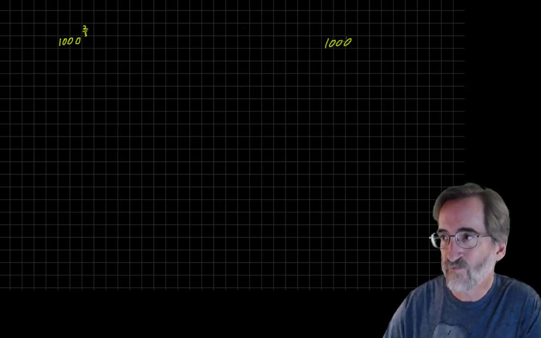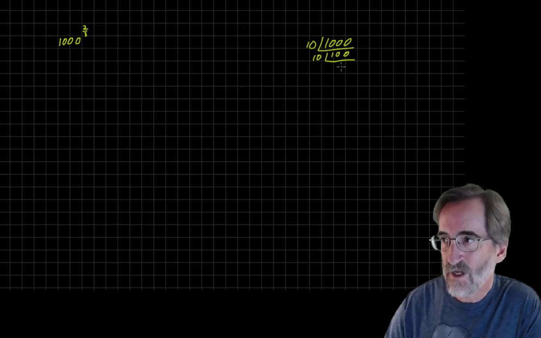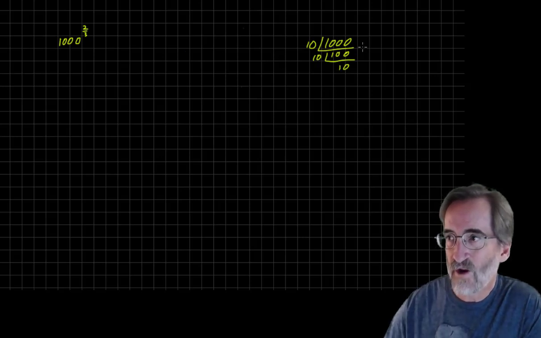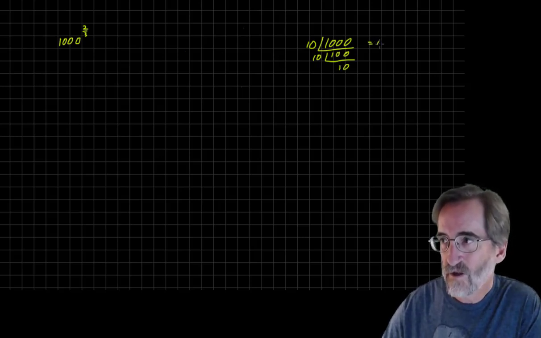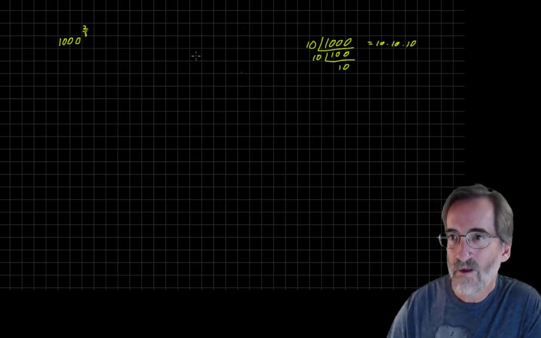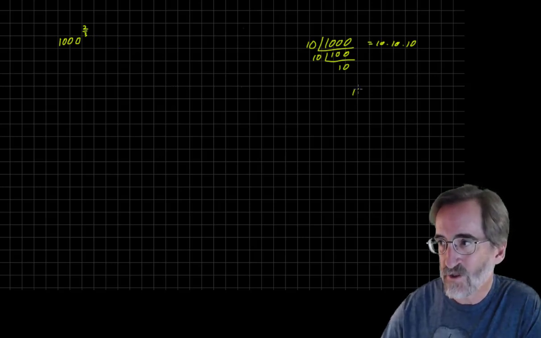Let's do a little prime factorization. 1,000 is 10 times 100, which is 10 times 10 times 10. So the cube root, or 1,000 to the 1/3, the answer would be 10.